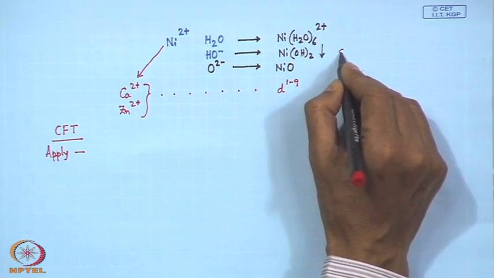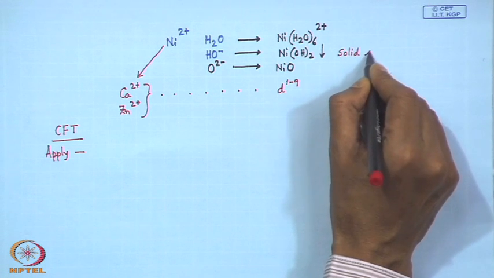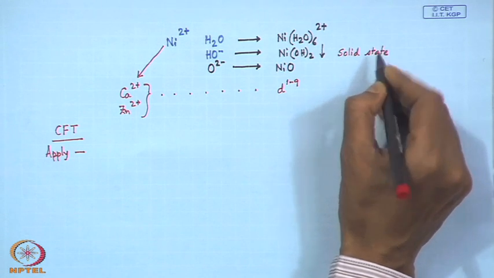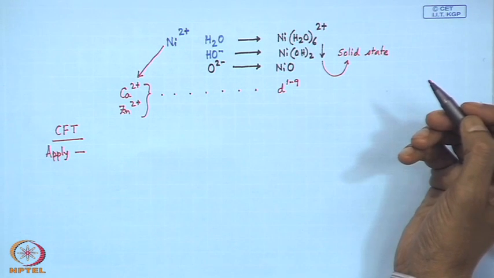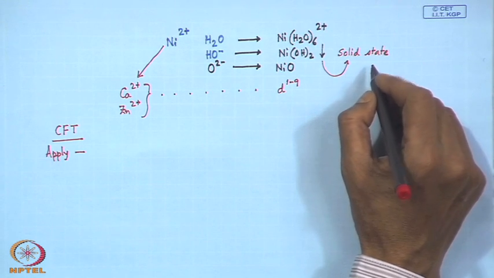That means, in the solid state, since these are precipitating out, we can separate them in the solid state and they have some corresponding structure.